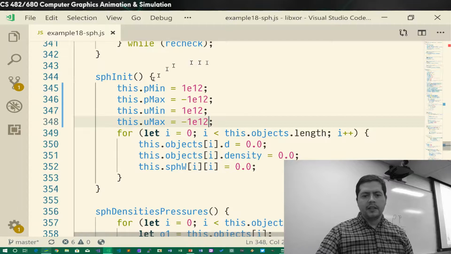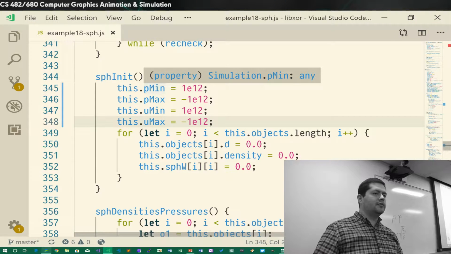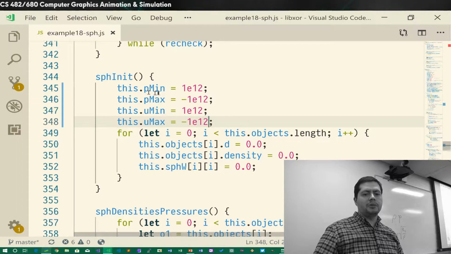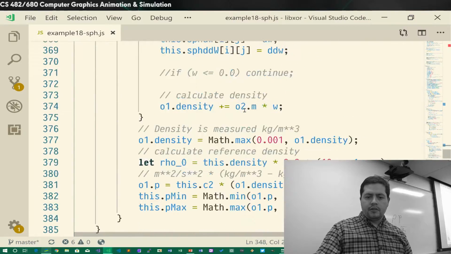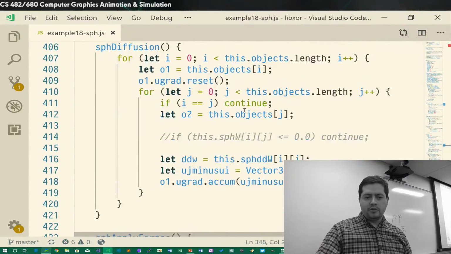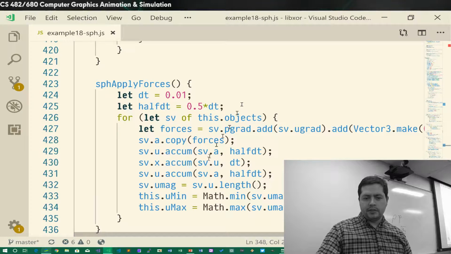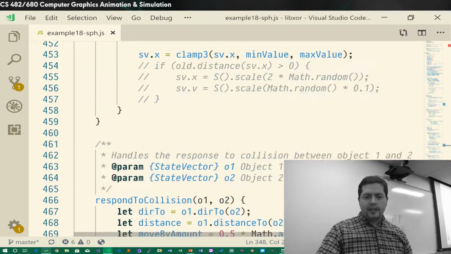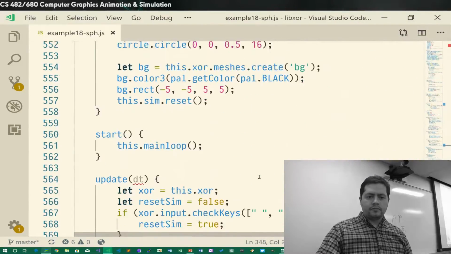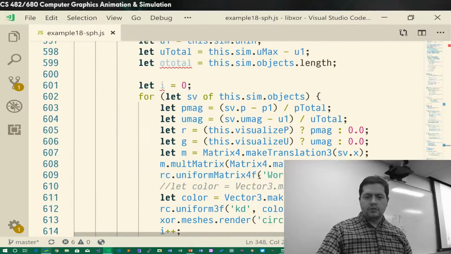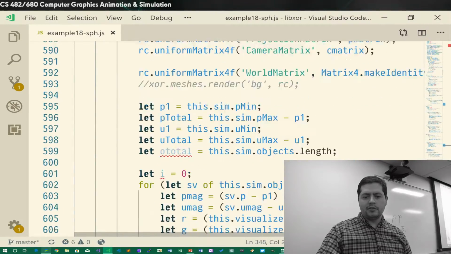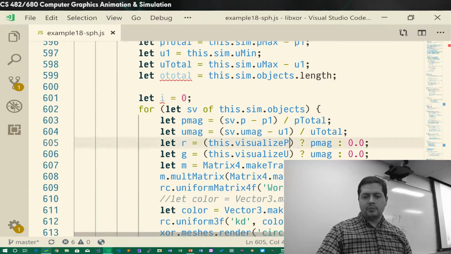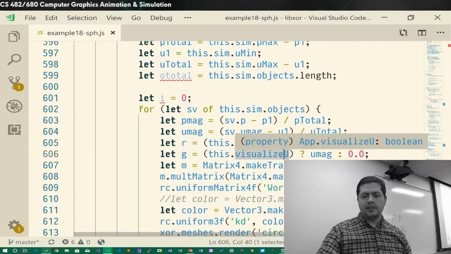We want to keep track of our maximum velocity, minimum velocity, maximum pressure, and minimum pressure. I do those calculations when we're applying forces and when we're calculating pressure. So I just do the min and max values, and then I color them. For the coloring, I added two checkboxes, so we can visualize either the pressure or the velocity.